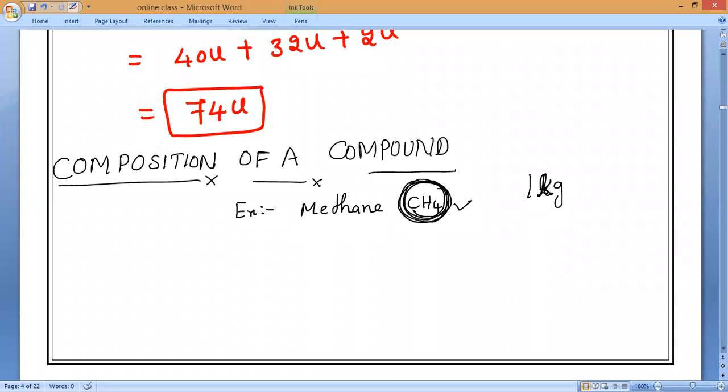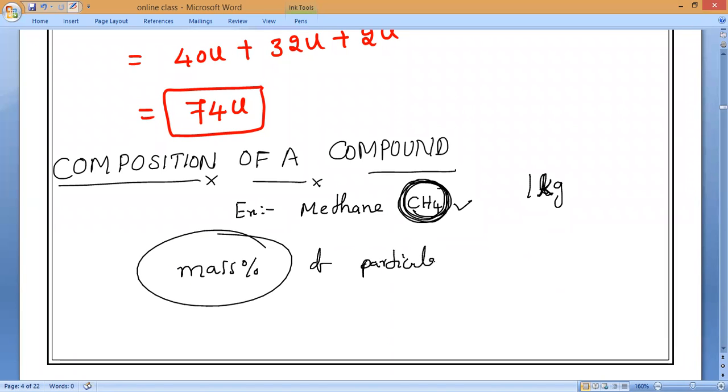When you come to know the mass percentage of a particular element in a compound, then we can come to know how much amount of that particular element is required to prepare that particular compound. That is what the composition of a compound means, what their percentage is, we have to know.